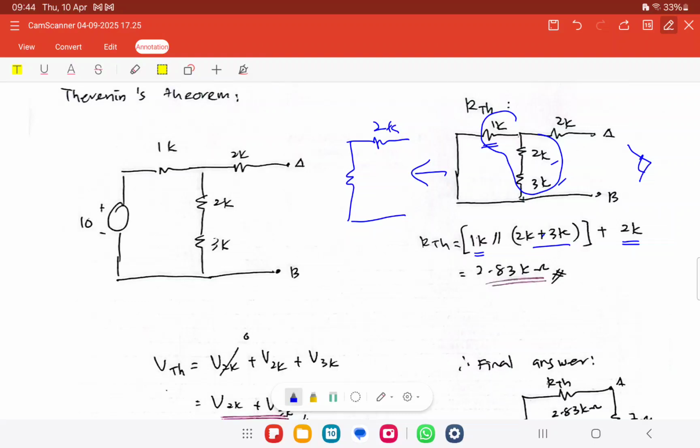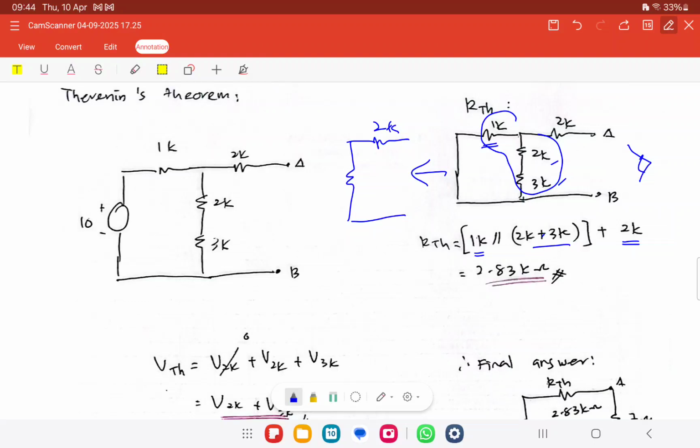Why that one V2K? I cross that and I put 0. Kenapa saya potong saya letak 0? Sebab saya suka kosong. Saya suka makan telur. Okay class, VTH is at this point, betul? From here.